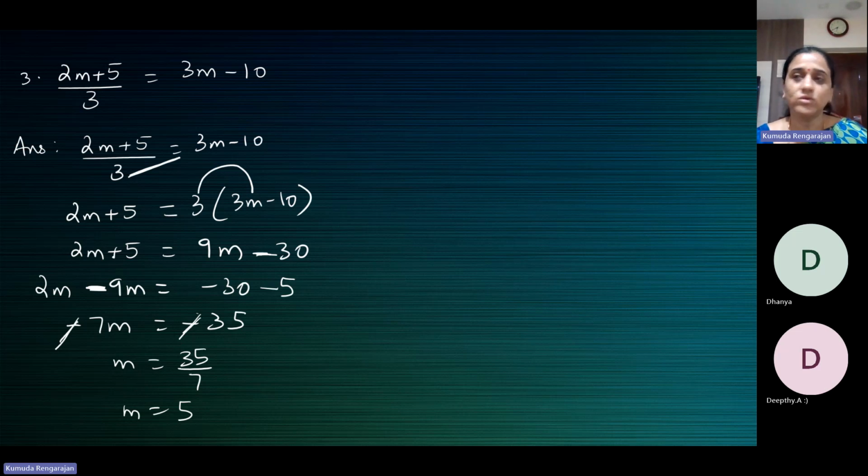When you're taking 9m to the other side, 9m is plus. For every number or term, the sign is what is before it, not after it. So 9m is plus 9m, so it will become minus 9m. And here it is plus 5, so it will come to the other side as minus 5.